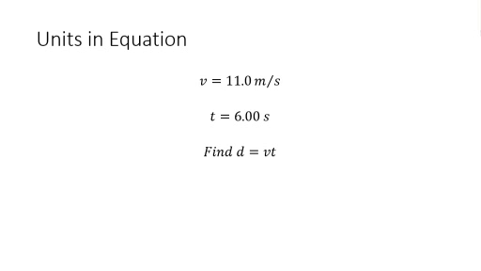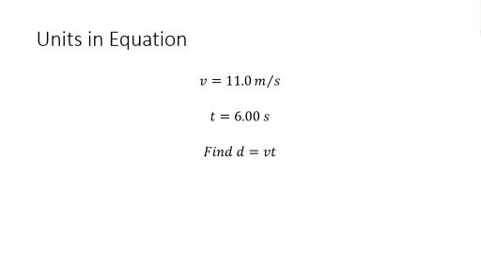So v is 11.0 meters per second, t is 6.00 seconds, and when we multiply the numbers together, 11 times 6 is 66. So it'd be 66.0, and then we have meters over seconds times seconds over 1. And then we'd want to reduce those units.